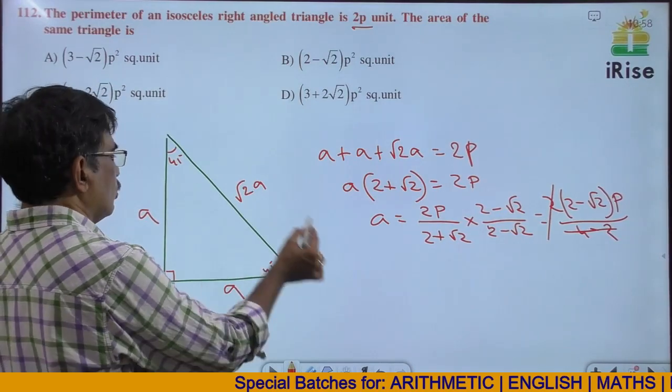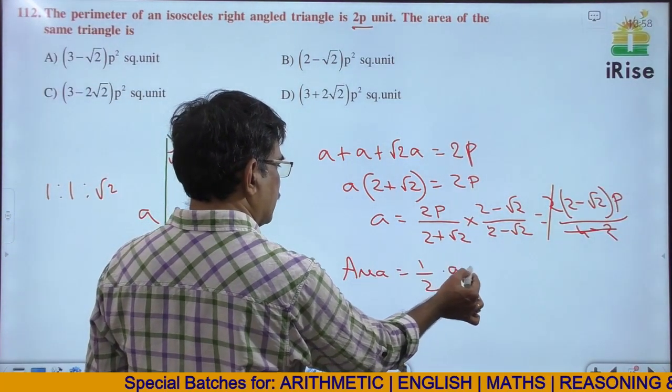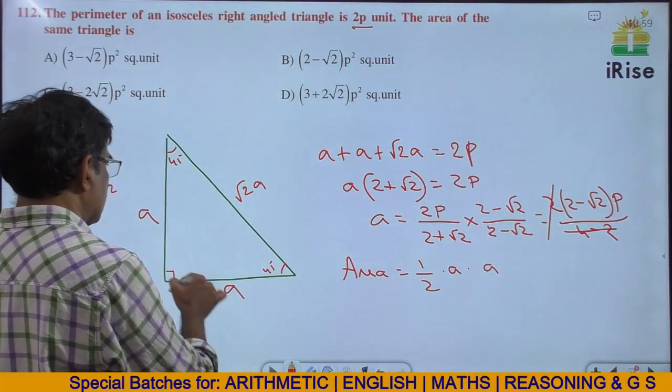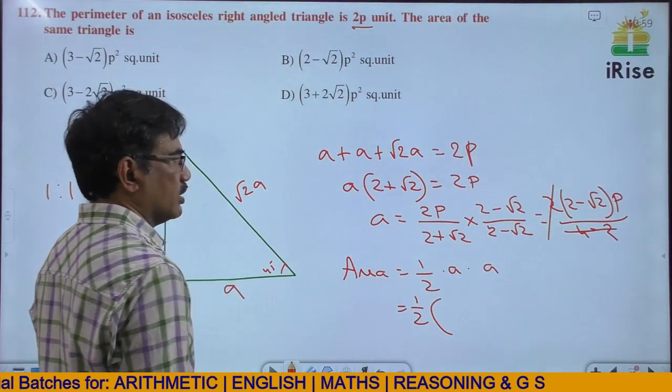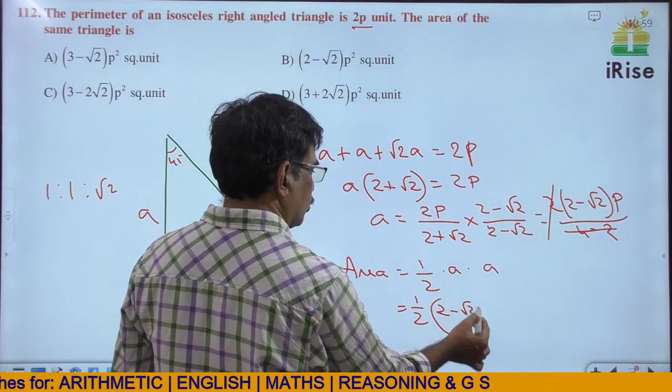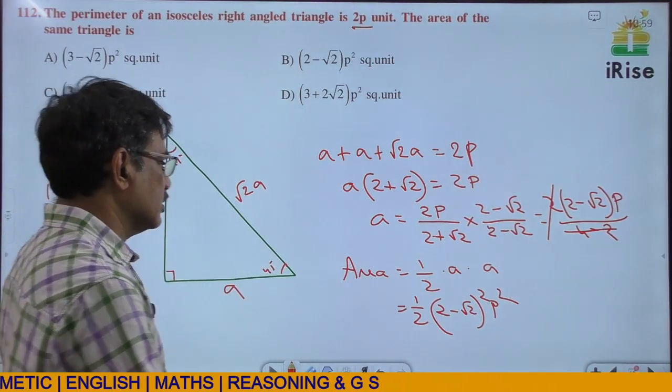If A is known, area is nothing but half into base into height. Base is A, height is also A. Half into A square. A square is 2 minus root 2 whole square p square. Okay, simplify this.